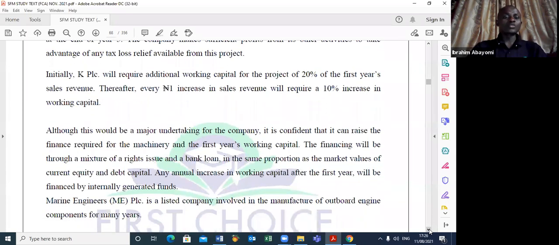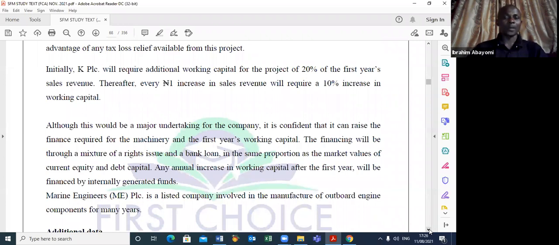Although this will be a major undertaking for the company, it is confident that it can raise the finance required for the machinery and the first year working capital. The financing will be through a mixture of a rights issue and a bank loan in the same proportion as the market value of current equity and debt capital. Any annual increase in working capital after the first year will be financed by internally generated funds.